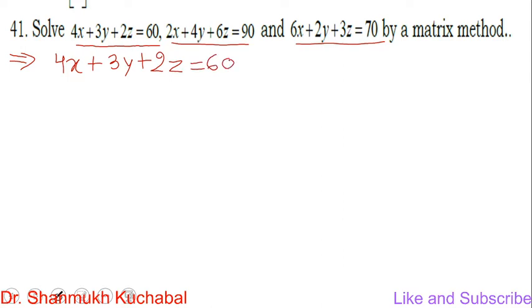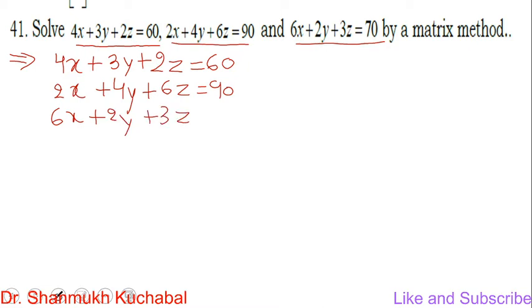Next equation, 2x plus 4y plus 6z equal to 90. And third equation, 6x plus 2y plus 3z equal to 70 here.